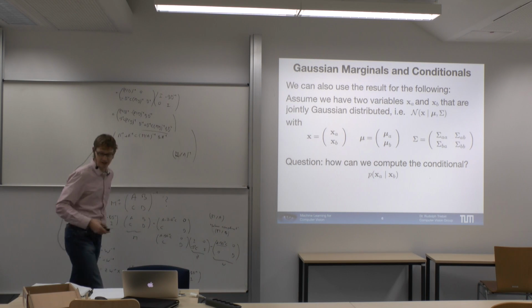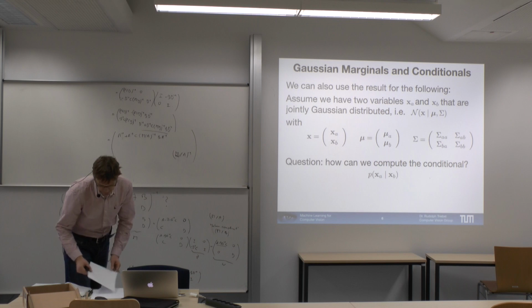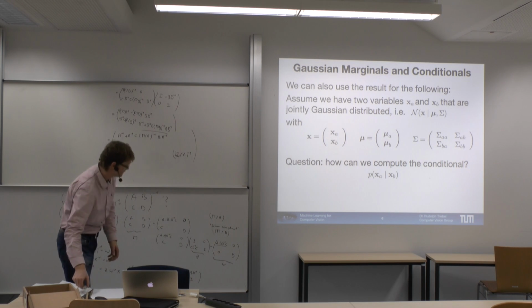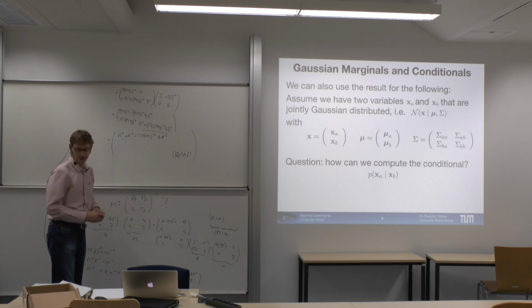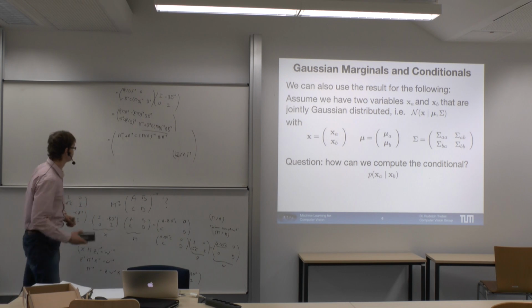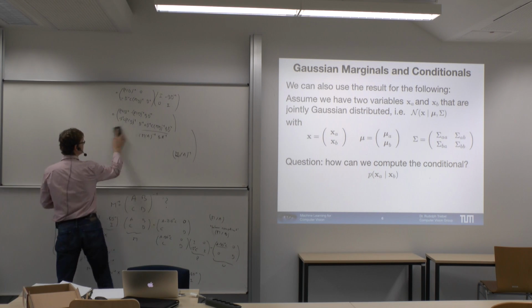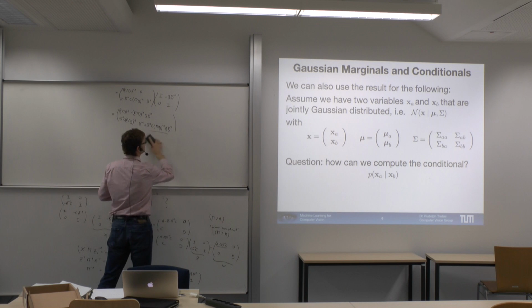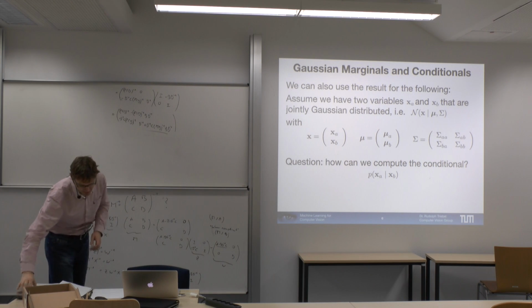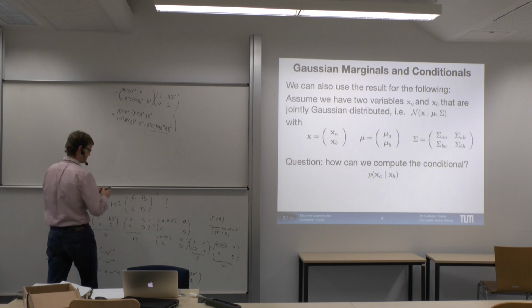And this comes directly from the formulation that we had here, right? What we can do now is, let me just remove this here, write this as a big Gaussian.